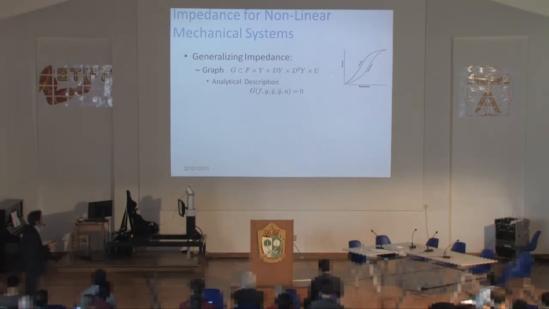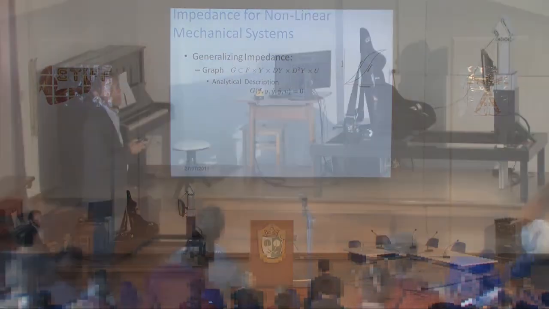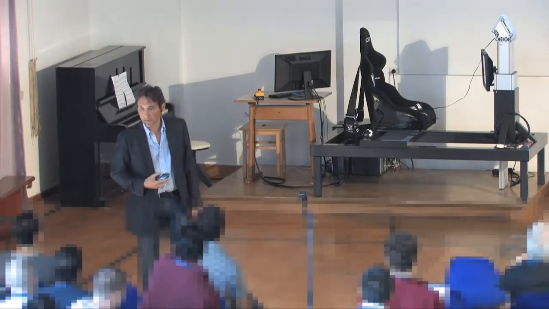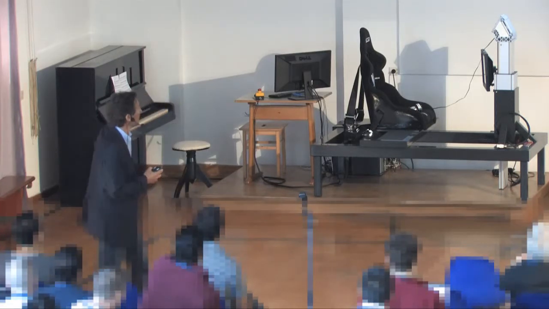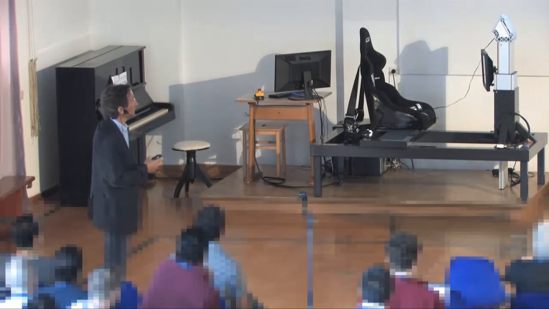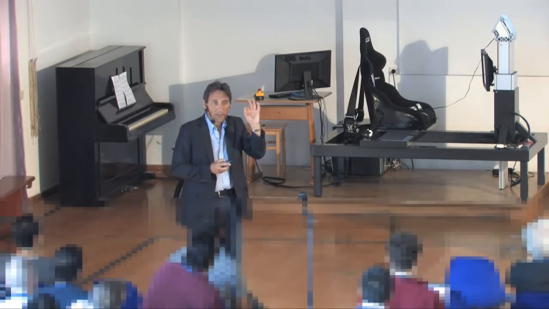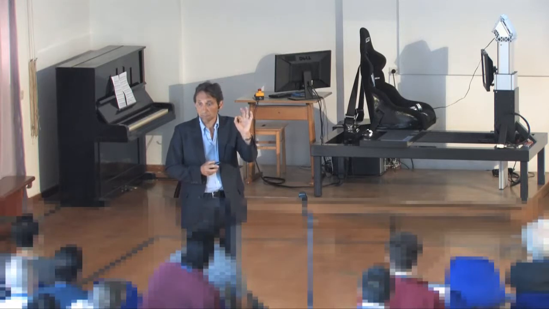You have a space of forces, positions, velocities, accelerations, and maybe some parameter that will tune the system, for instance, change the stiffness in a variable stiffness system. So in this whole space, you have a set of points that are feasible for that system.